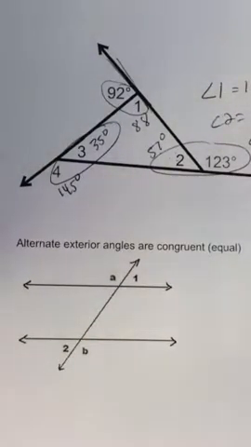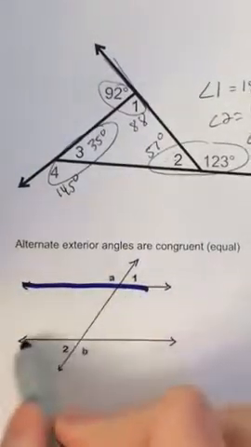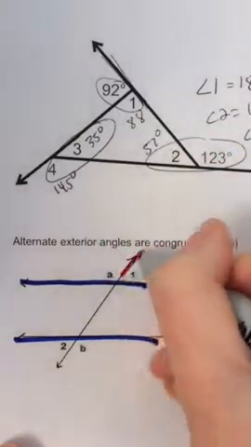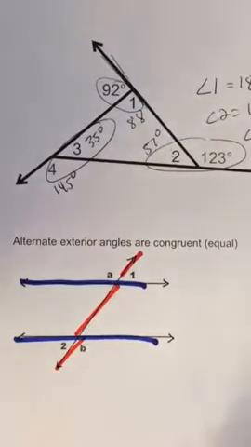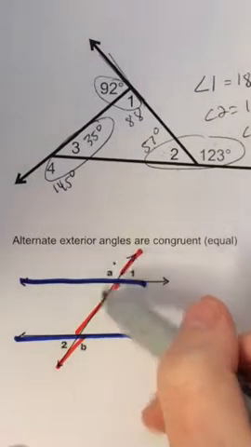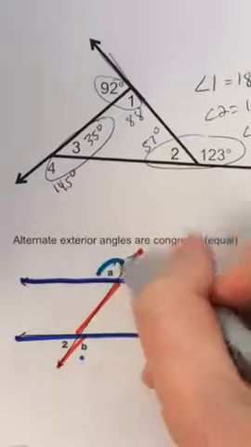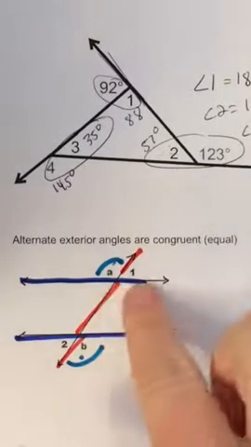So alternate exterior means when I have two parallel lines, which are these, crossed by a transversal. So that's any line that crosses both the parallel lines. So my red line there is my transversal. The alternate exterior angles, so alternate means on opposite sides of the transversal, and they're on the exterior, they're on the outside of the two parallel lines.